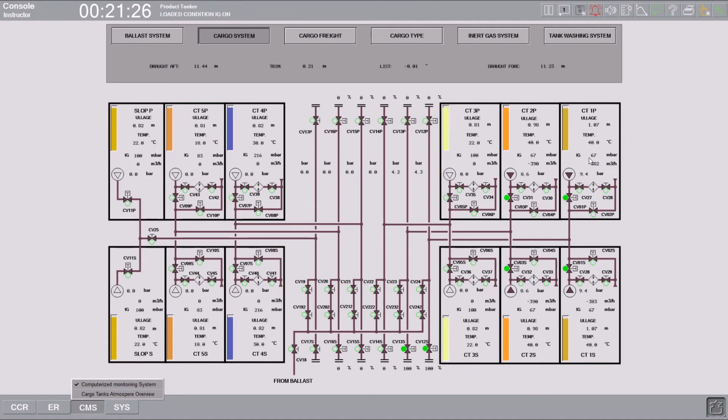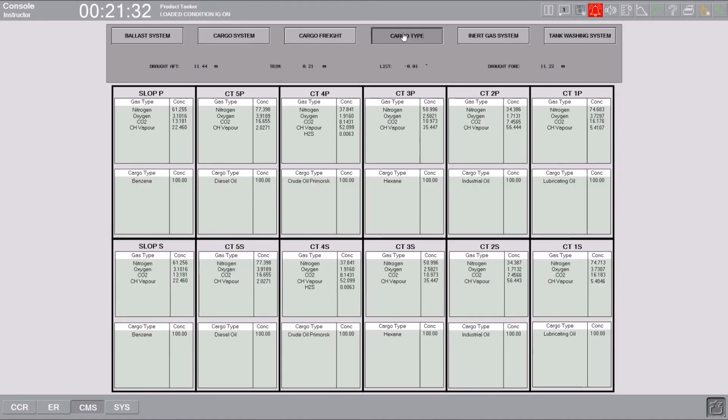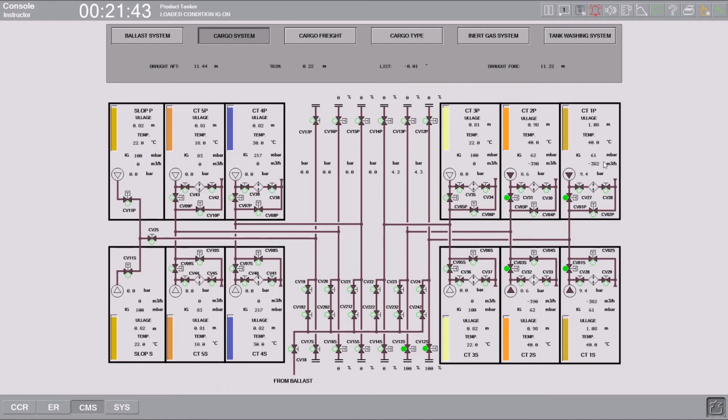So let me say in an emergency the inert gas failed. You can see how the pressure is decreased. Let's recontrol. Here so far we have good oxygen parameters in the cargo tank.